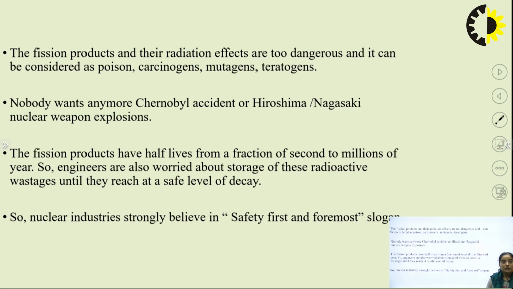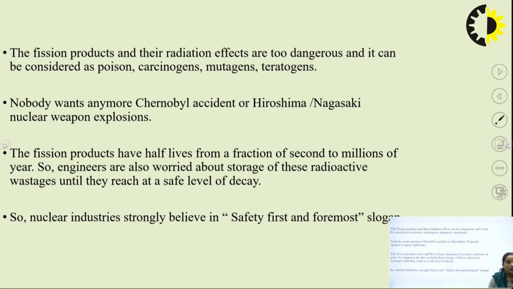The fission products and their radiation effects are too dangerous, and can be considered poisonous, carcinogenic, mutagenic and teratogenic. So nobody wants them anymore.